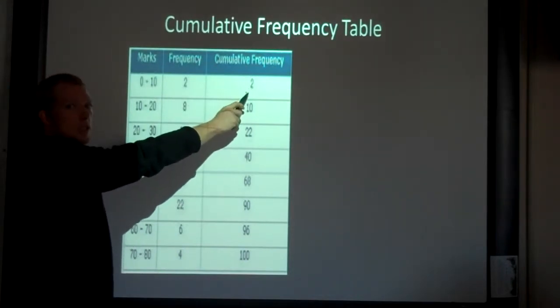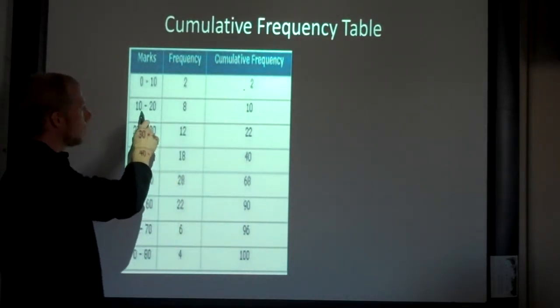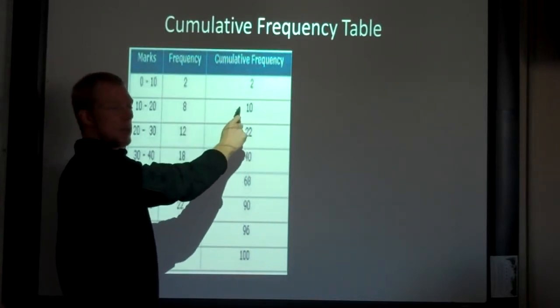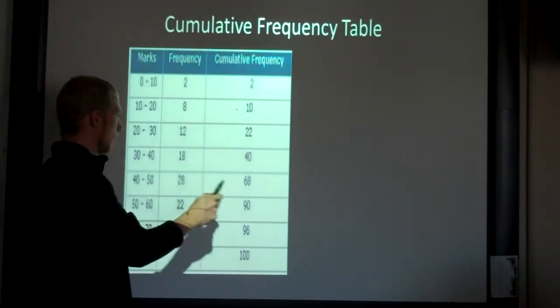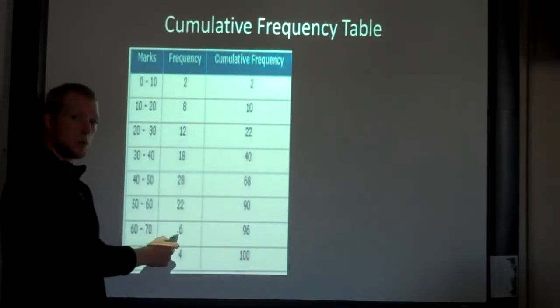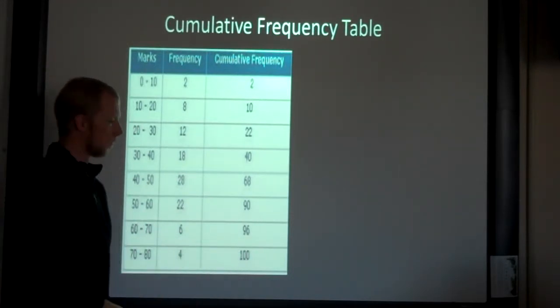The cumulative frequency is also 2, because there are no other scores below that. However, when I get from 10 to 20, there are 8 more, which means there are 10 total. And we go through like this all the way to the point where we get, say, 60 to 70%. There were 6 people in that range, and there were 96 out of 100 people there.